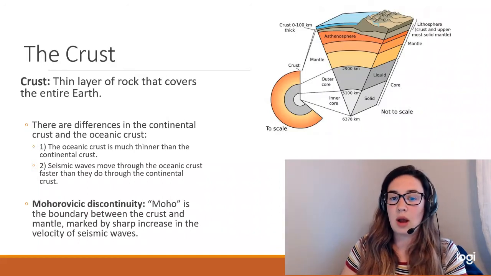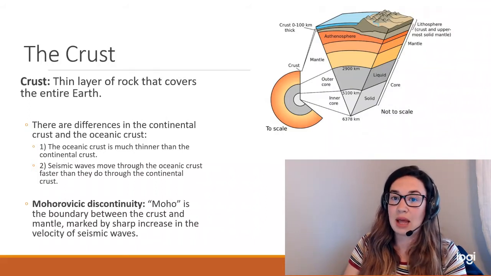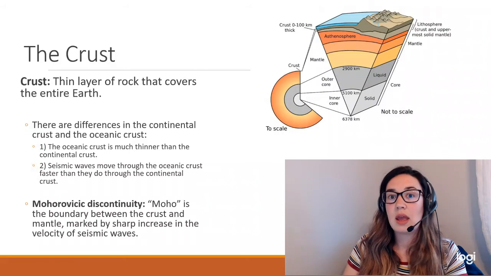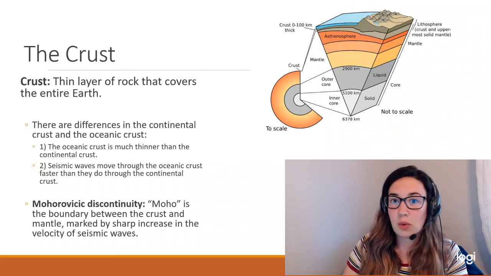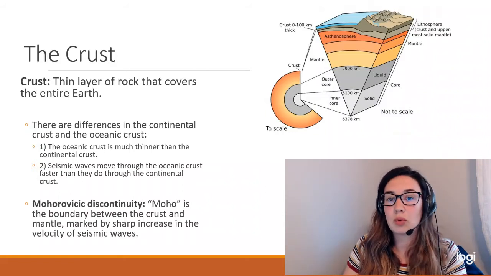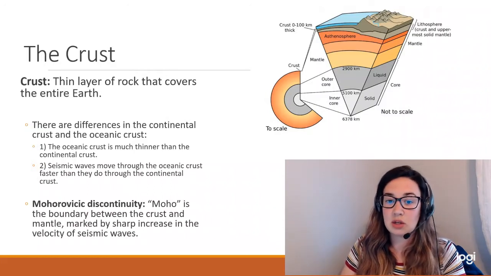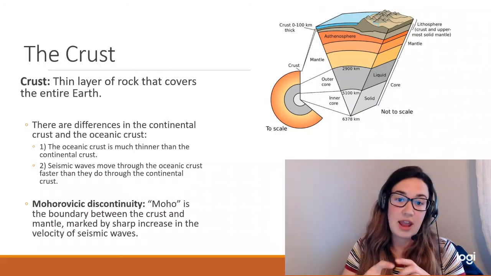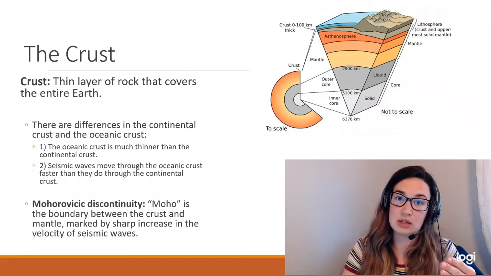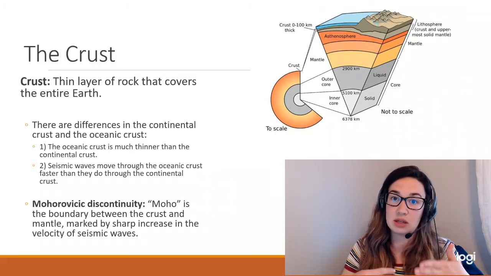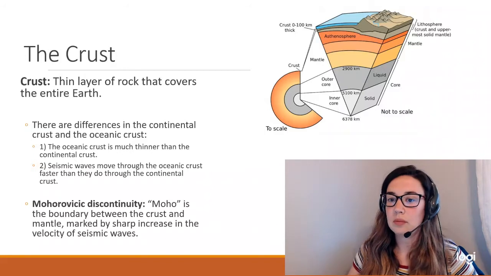This boundary is marked by an increase in velocity of seismic waves. Seismic waves move differently through the mantle and through the crust, and so this discontinuity is the area where the change in seismic wave velocity is occurring.